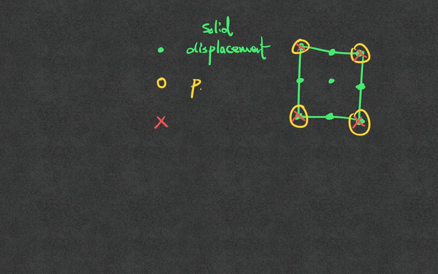Let me put the color there. The green one is the displacement nodal solutions for the solid. The yellow circle is the pressure of the water. The other is the pressure of the air.